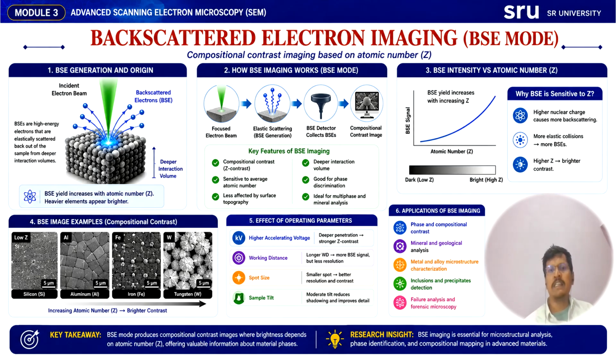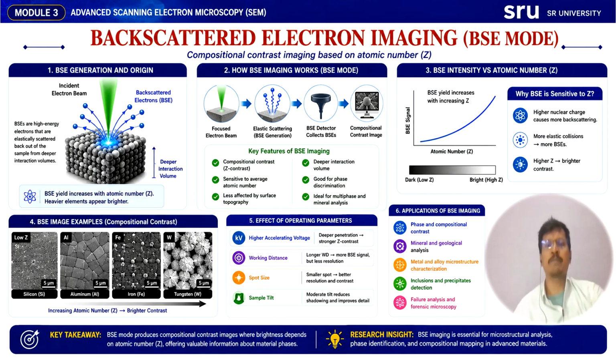When high energy electrons are incident on the sample surface, they interact with the atomic nuclei within the specimen. Some electrons are reflected back and leave the sample surface. These reflected electrons are known as backscattered electrons.